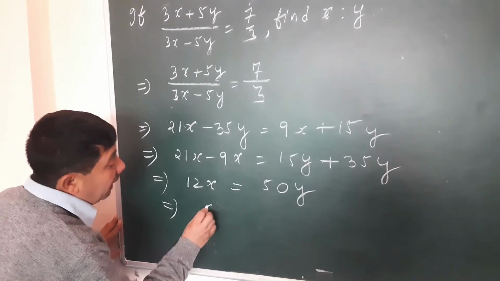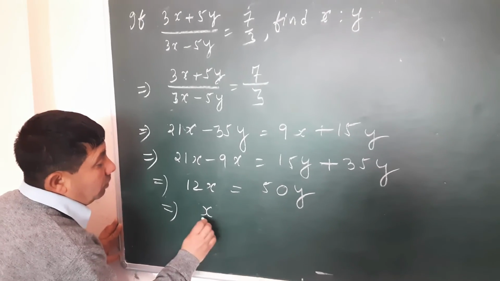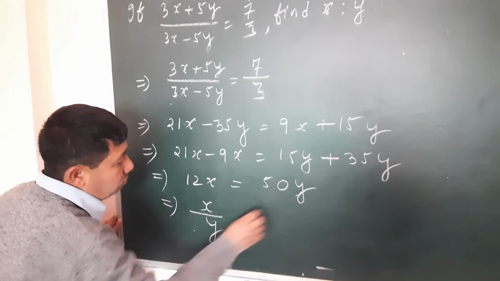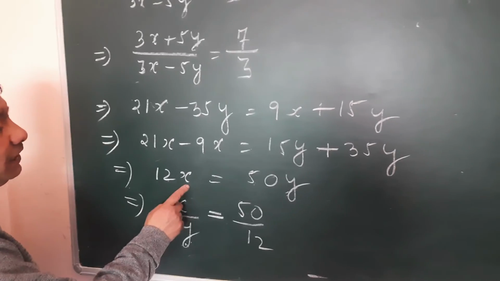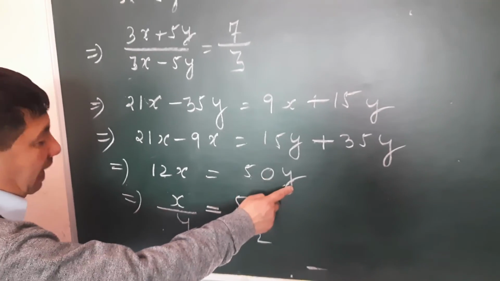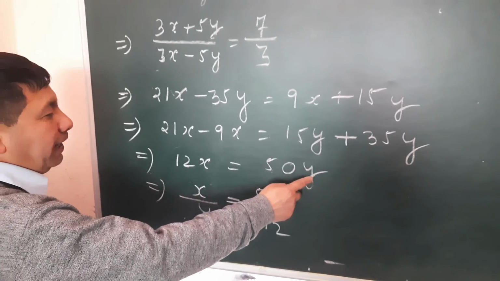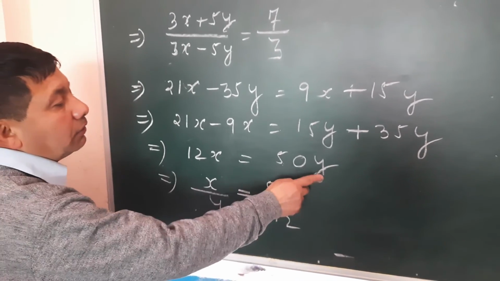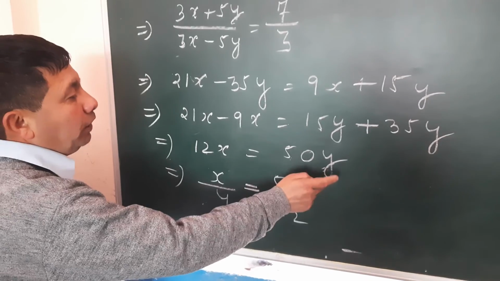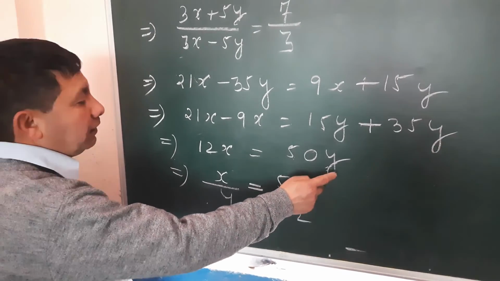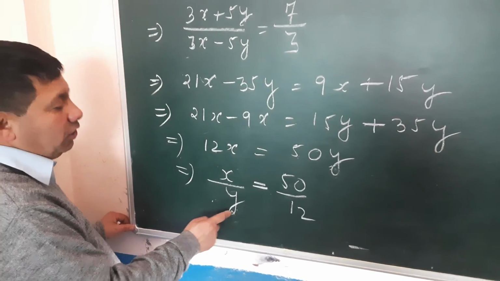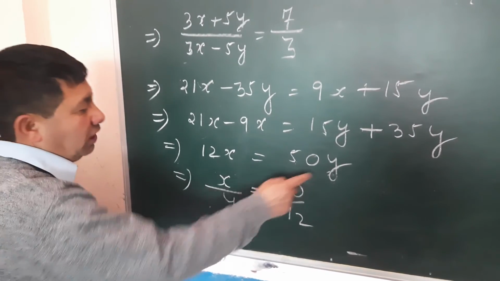So x upon y, this y, 12x equal to 50y. Now this y you have, by using the cross multiplication, so here is a numerator, now it becomes a denominator. You have to change into the numerator.